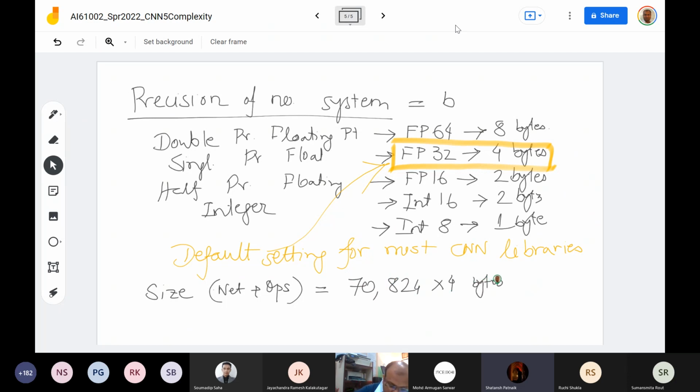So this is equal to how much? Approximately 283,296 bytes, which is approximately equal to 0.28 megabytes.